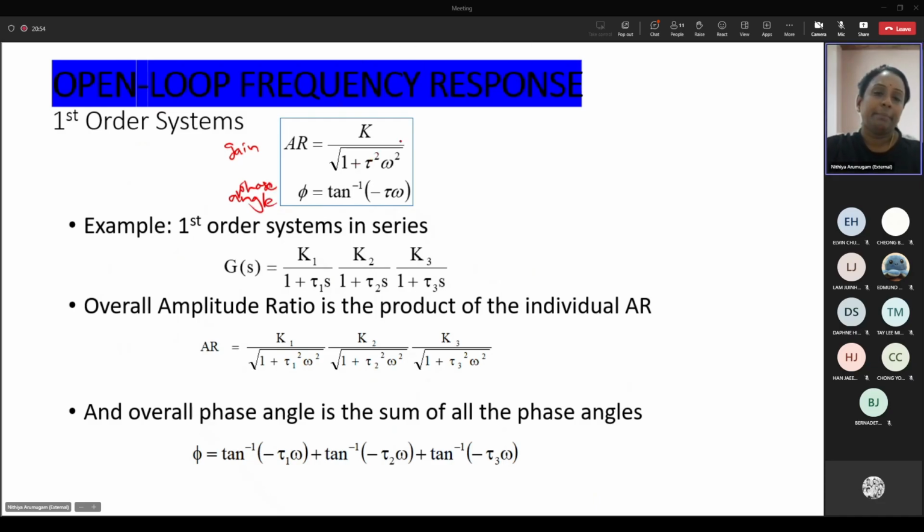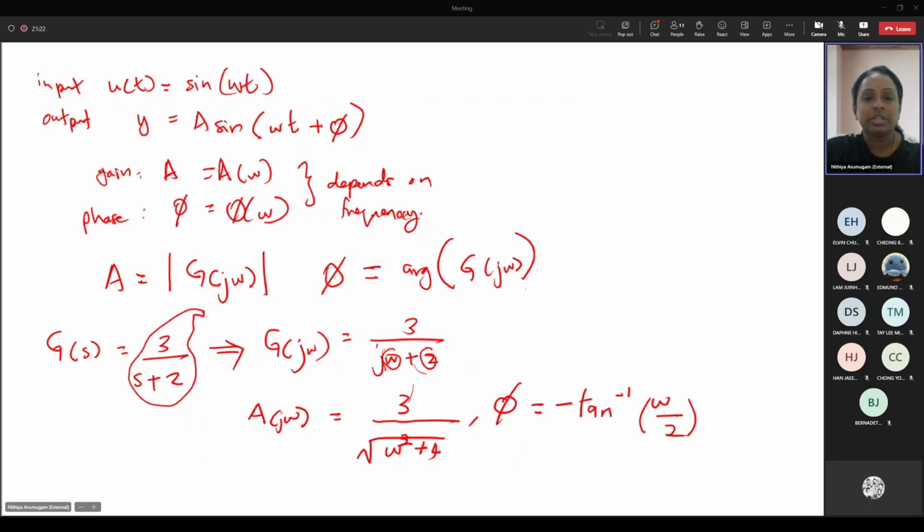So the amplitude ratio is in terms of K over the square root of a constant plus another constant. And here, same method, same formula, tangent inverse of negative tau w. Now, if you notice here, the tau is 1, not the j.